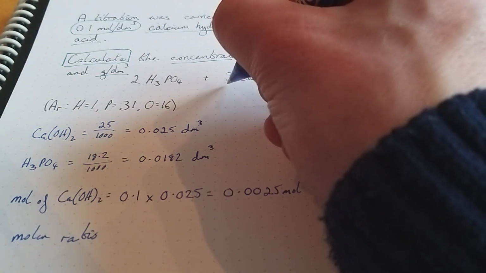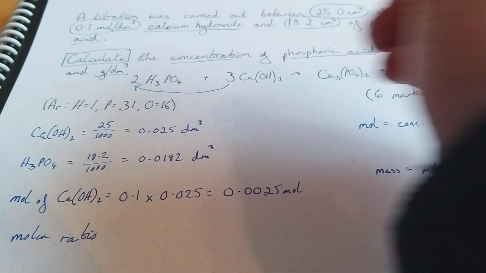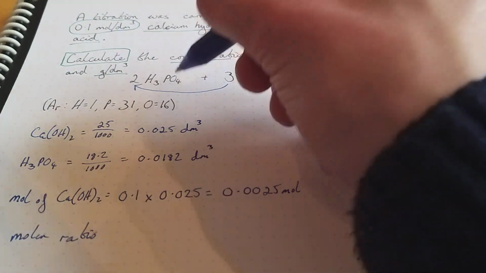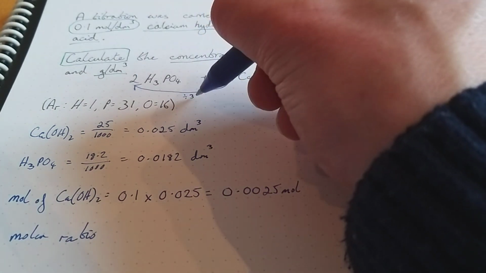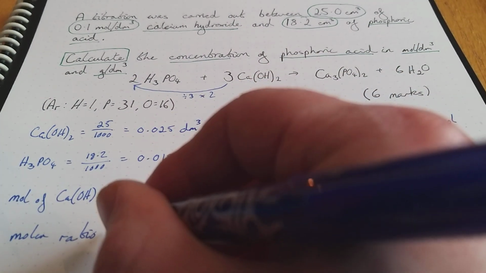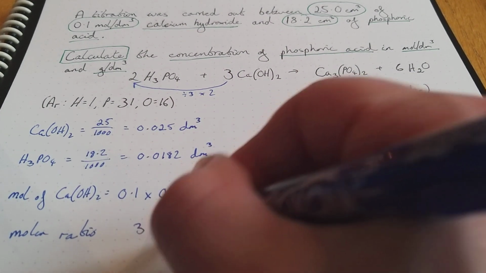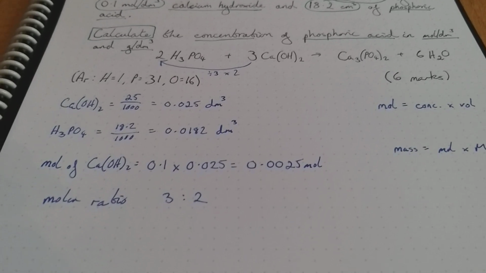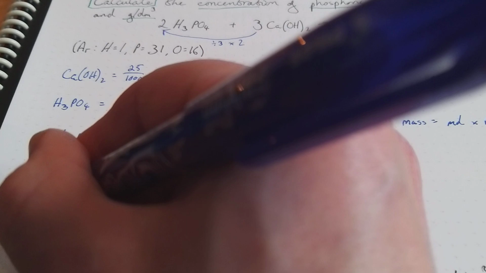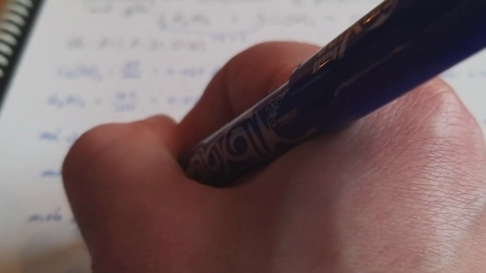And with this one, we're going from the calcium hydroxide to the phosphoric acid because we've just worked out the moles of the calcium hydroxide. So we need to divide by 3 and then times by 2. All right. So the molar ratio is a 3 to 2 ratio. And so we can use that to work out the moles of the phosphoric acid.